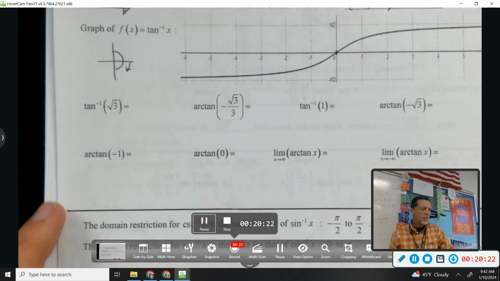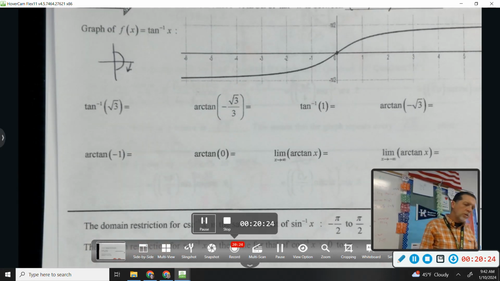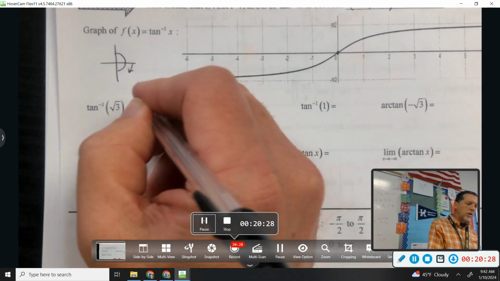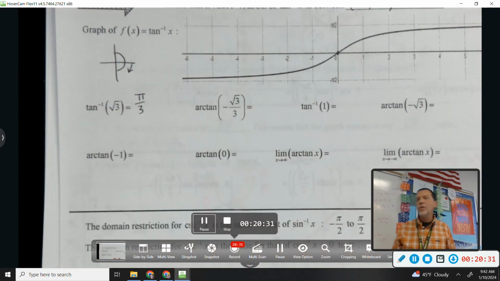So how about the inverse tangent of square root of 3? This is where knowing the tangent 3 trick is helpful rather than trying to figure out going backwards. How about the arctan of negative root 3 over 3?